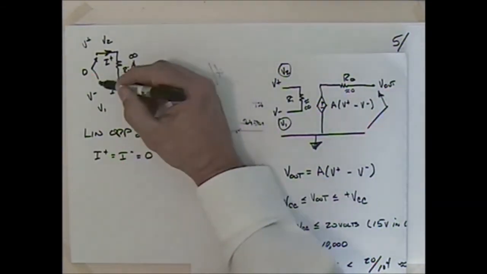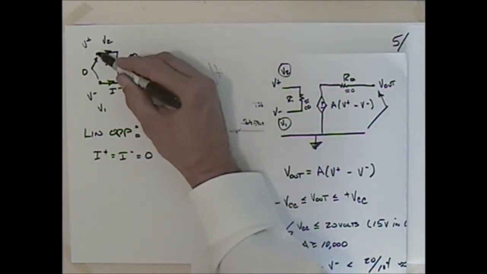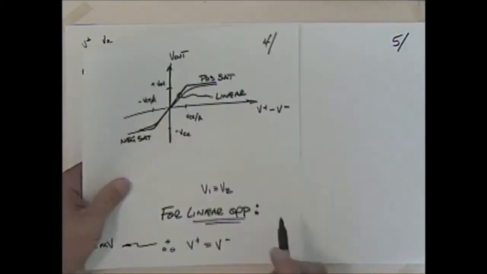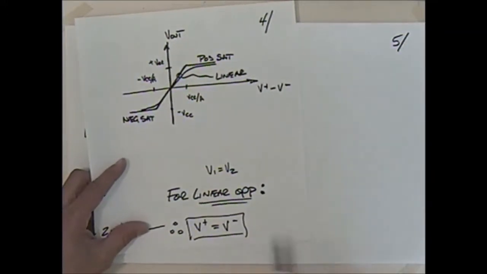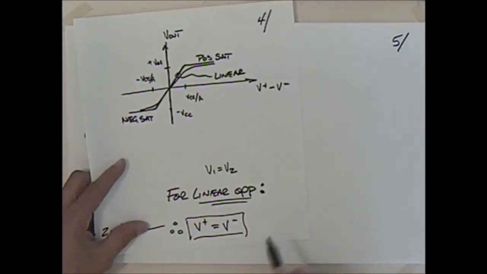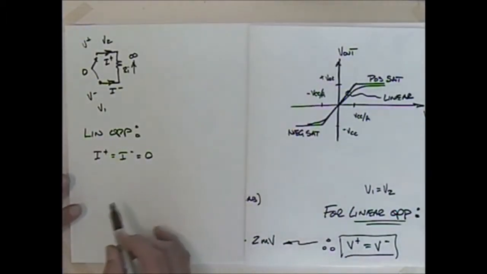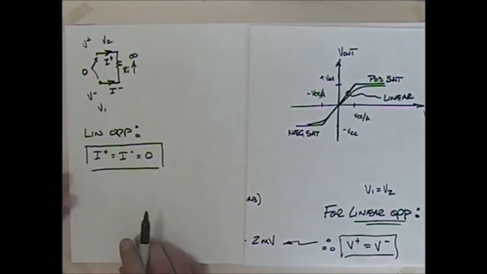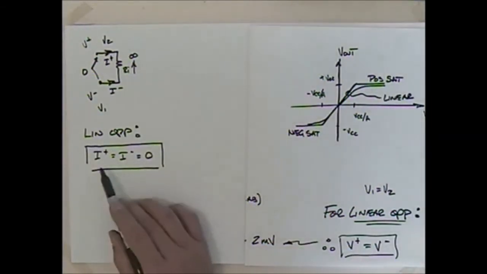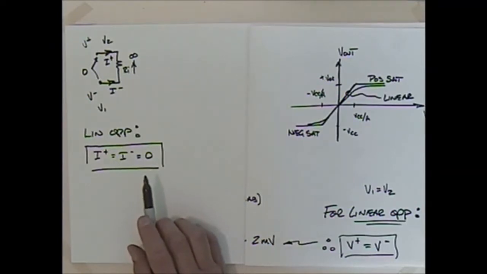So the voltage here and here has to be equal to each other. Isn't that what we said? Yes. There's no requirement that it be 0. It has to be equal to each other. Sometimes it's 0, sometimes it's 10 or 15 or whatever, but it has to be equal to each other. And then the other big help is in linear operation that the input currents are equal to 0. They're not only equal to each other, they are equal to 0.